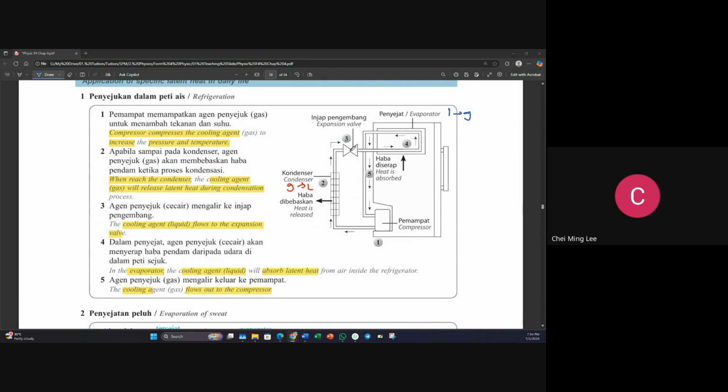Then the liquid will flow through the expansion valve and enter the evaporator, where the cooling agent will absorb the latent heat from the air inside the refrigerator. And when it absorbs heat, it changes from liquid to gas, and then goes back to the compressor.